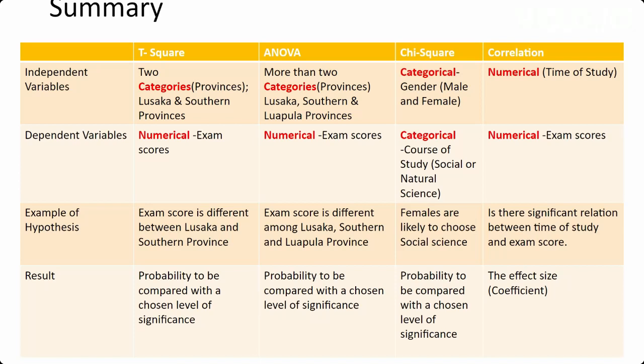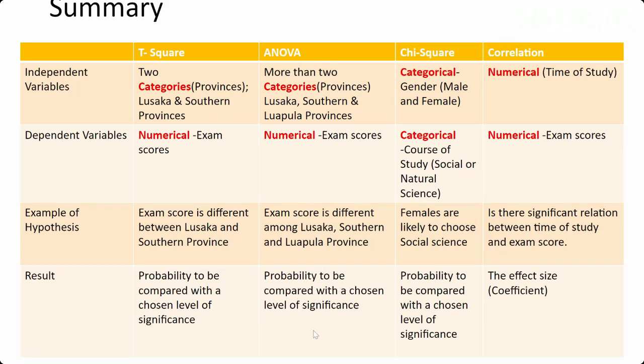So the results from these tests: under t-square, there will be a formula, and it will give you a resulting probability, which you are going to test against your chosen level of significance. We won't go into details on that until we discuss these individually. It's the same case as ANOVA.